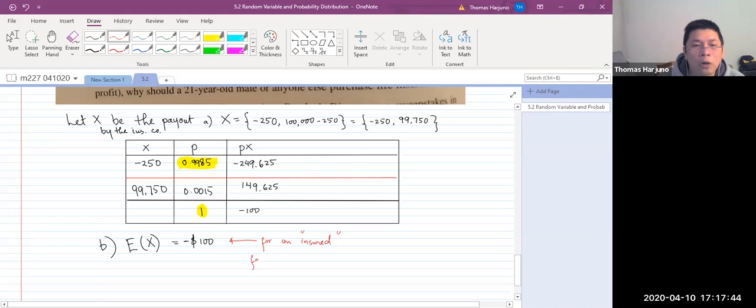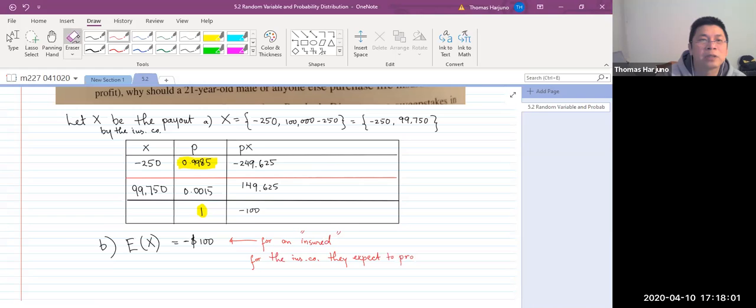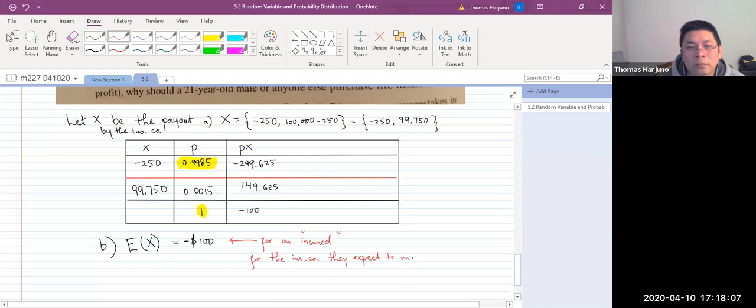So for the insurance company, they expect to profit, to make $100 from each person they insure, from each 21-year-old male. Okay, so that's for part B.